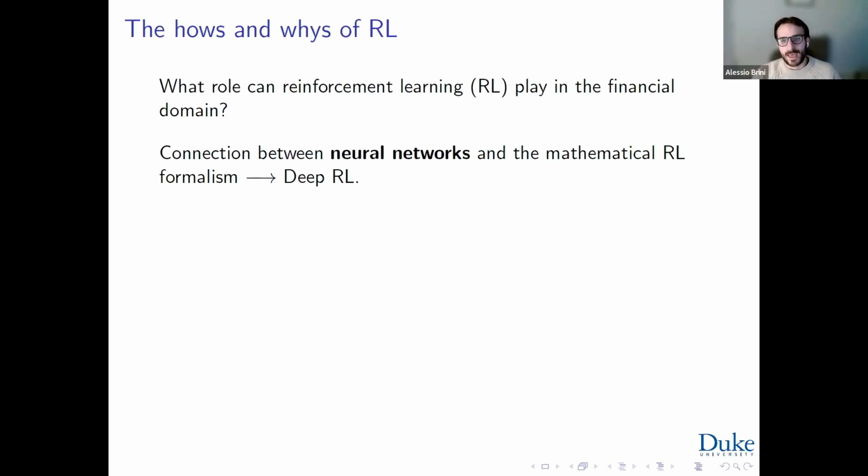What happened is, as soon as neural networks became more popular with solving computer vision tasks at the beginning of the 2010s, they started to be used also in reinforcement learning, and that really helped in improving the subject.